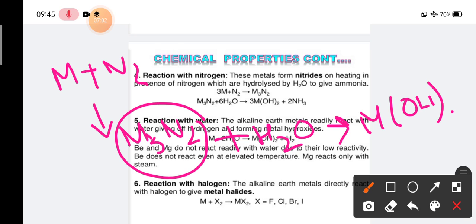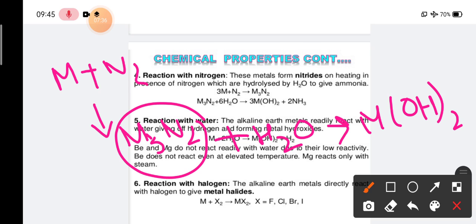So please remember that whenever a metal oxide, metal hydride or metal nitride is reacted with H2O, it will only give a metal hydroxide. So this is the reaction of metals with nitrogen as well.